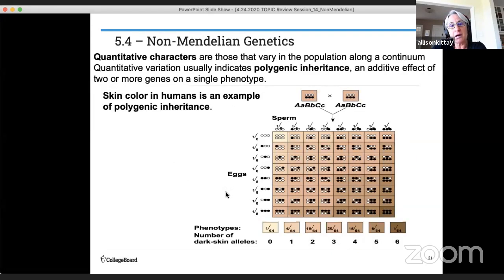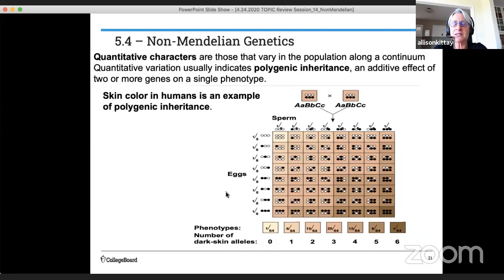And then I think this is my last non-Mendelian inheritance pattern. It is polygenic inheritance. Poly means many, genic is gene. So it is an example of the additive effect of two or more genes on a single phenotype. And there are lots of examples of this.